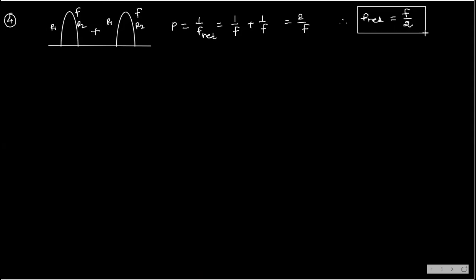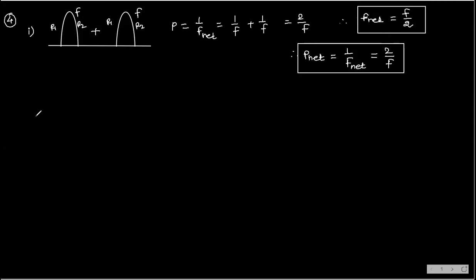And if you want the net power, P net in this case, that is 1 by F net, and this is equal to 2 by F, the reciprocal of this focal length. Understood? Right. Now, this is the first case in the fourth point. Now, the second case in this only.